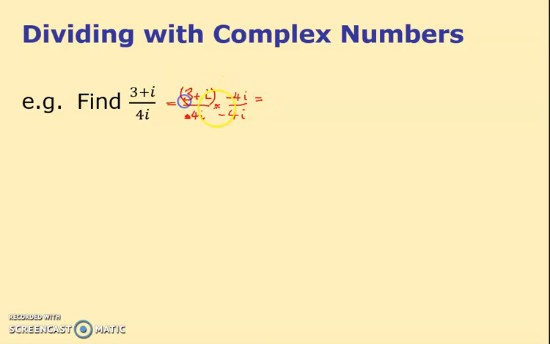Treat this like a bracket. 3 times minus 4i is minus 12i. And the i times minus 4i is minus 4i squared. And before I write i squared, I think, oh no, I've got to change the sign instead, because i squared is minus 1. What do I get on the bottom? I get 4 times minus 4 is minus 16.